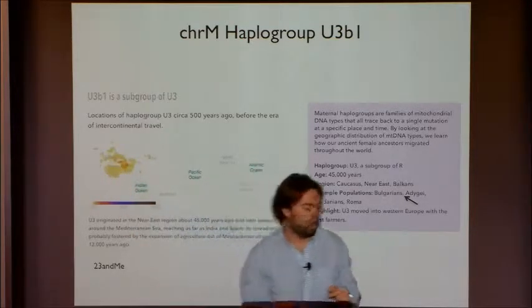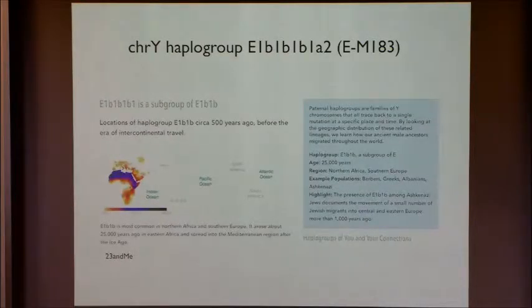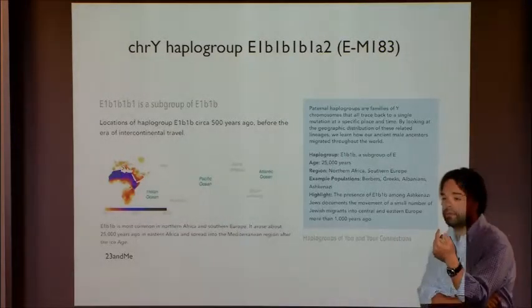And so one model could be that this 3,000-year-old Bulgarian sample is part of that initial Neolithic expansion into Europe. And there are a lot of these you actually tend to see in ancient DNA.